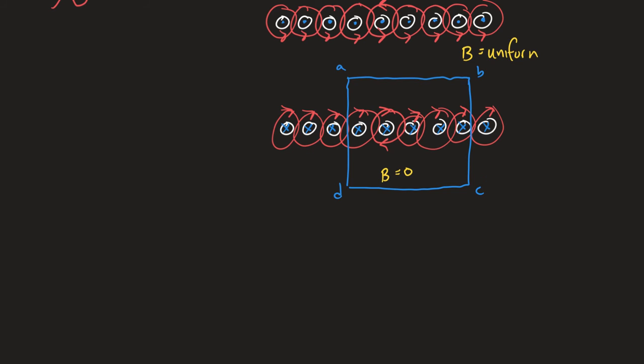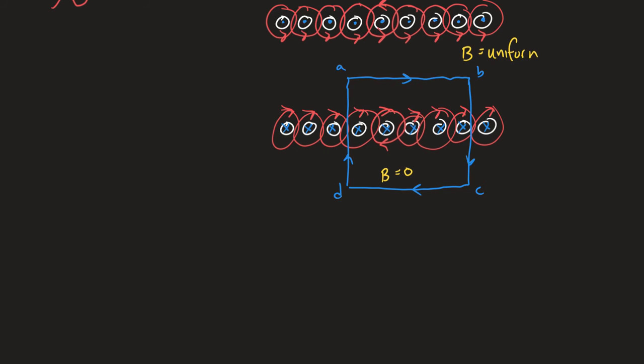The reason why a rectangle is helpful in this case is consider the side CD for one. If we're dealing with an ideal circumstance, there's no magnetic field out there. It will not contribute to the line integral. If we consider DA and BC, those two sides, and I'm saying that in that order because remember, we have to integrate around the loop.